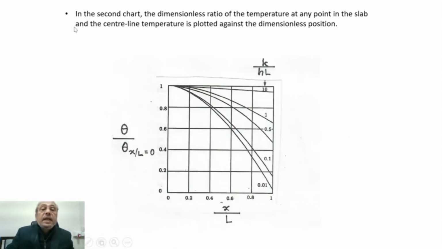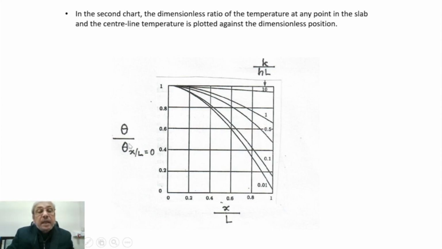So in the second chart, the dimensionless ratio of the temperature at any point in the slab and the central line temperature, whatever is the central line temperature we get at a given time.